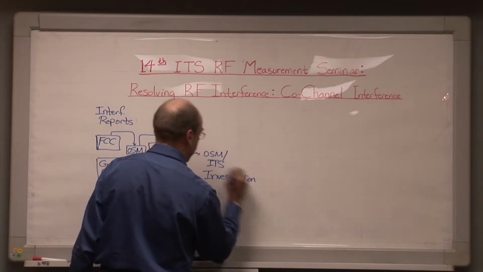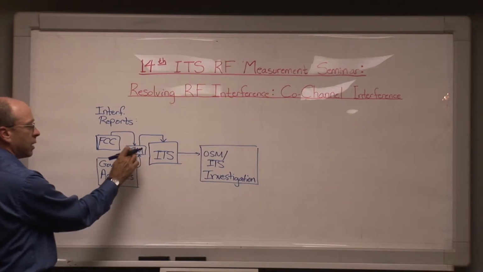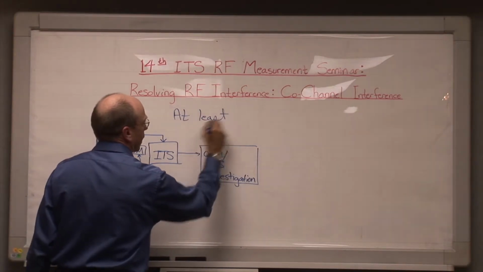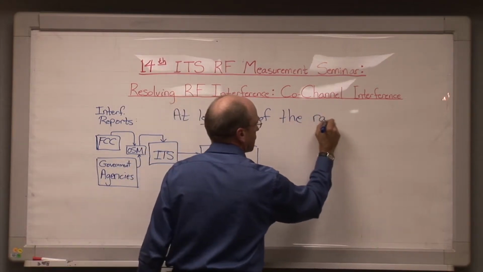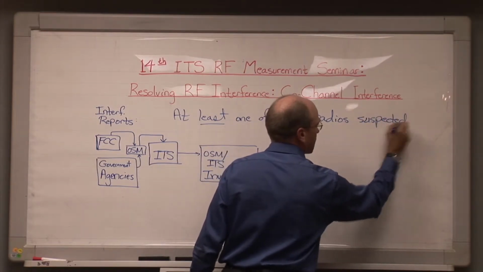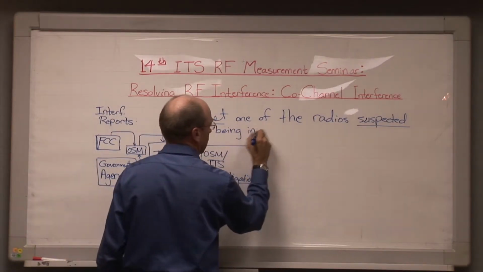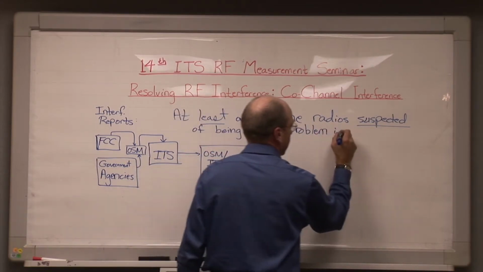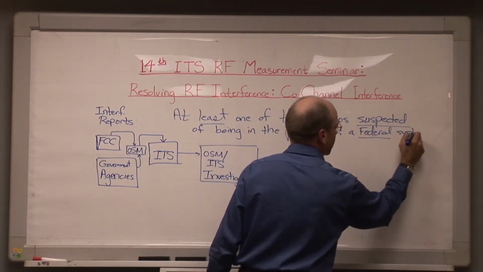of the interference problem. Now, we only become involved, we being OSM and ITS, if at least one of the radios suspected, and I emphasize the word suspected, of being involved in the problem is a federal government system.